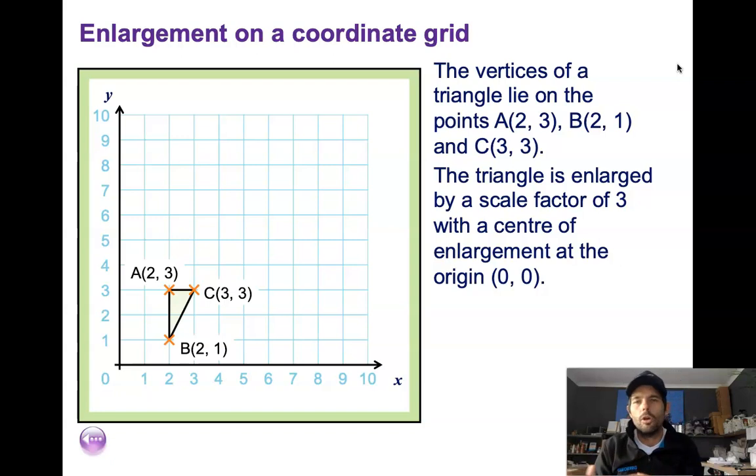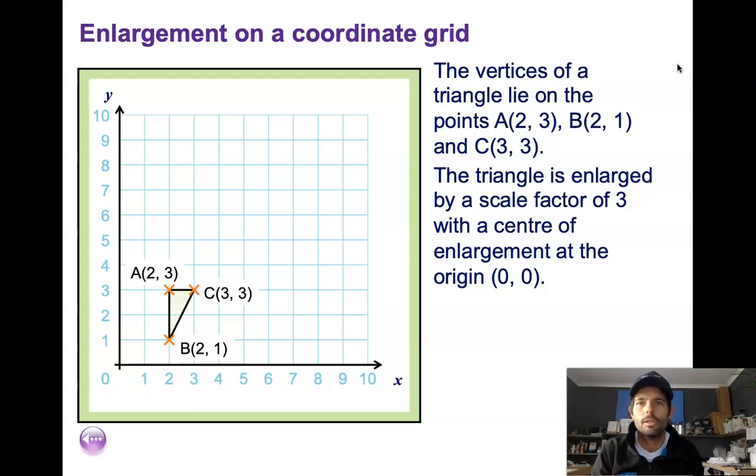So knowing what you know from the previous slide, with the center of enlargement at the origin, which is 0 on the x and 0 on the y, all we would need to do is multiply the point A vertex 2 and 3 by 3.